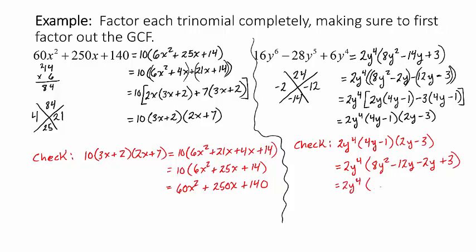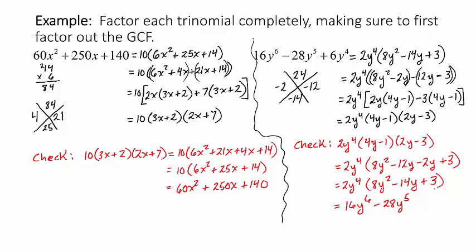Okay, so 2y to the fourth times 8y squared, negative 12y minus 2y is minus 14y plus 3. Okay, and then we can distribute the 2y to the fourth back through. 2y to the fourth times 8y squared is 16y to the sixth. 2y to the fourth times negative 14y is minus 28y to the fifth.